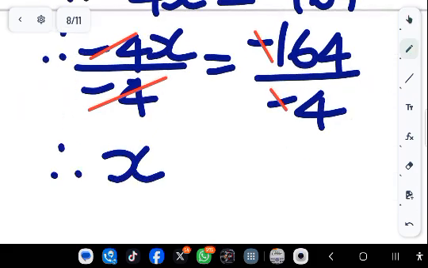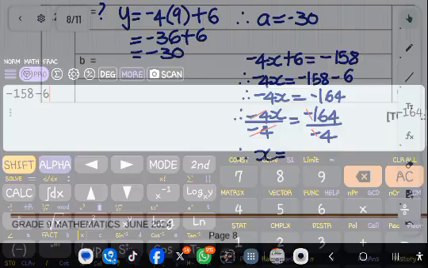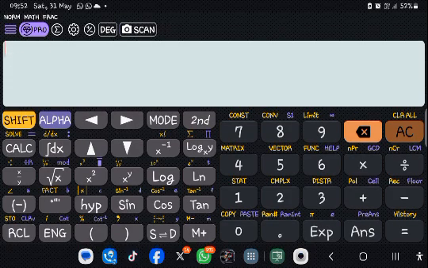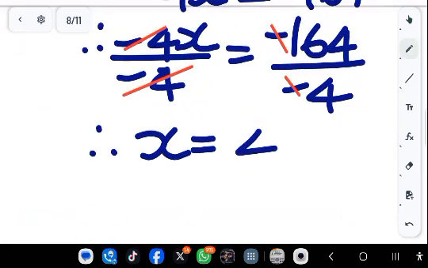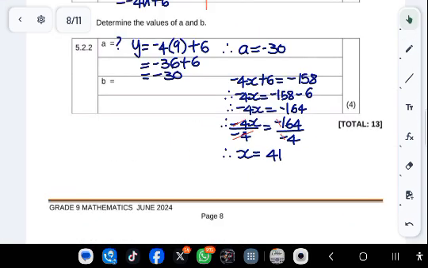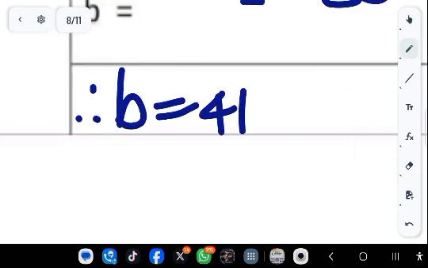So x equals negative 164 divided by negative 4, that gives us 41. Meaning that therefore b equals 41. And that's how you find b.